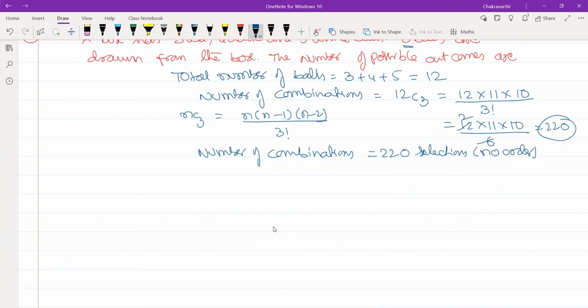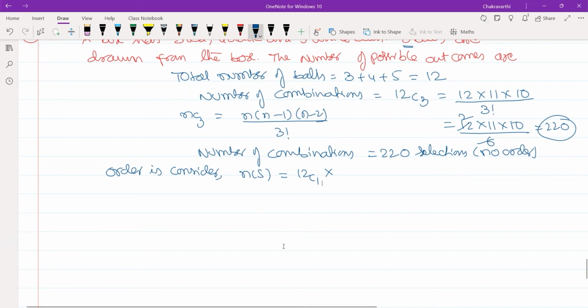Order is not considered. Suppose order is considered. In this case, n of S is equal to 12C1, but order considered means 3 balls are drawn from the box one after the other, without replacement.